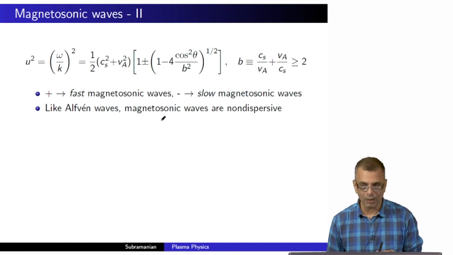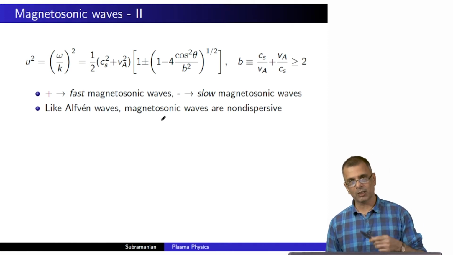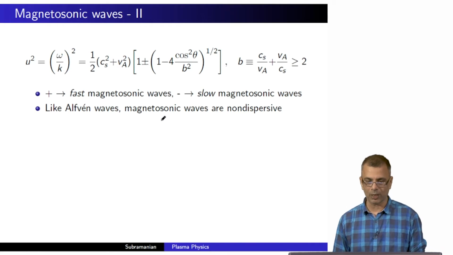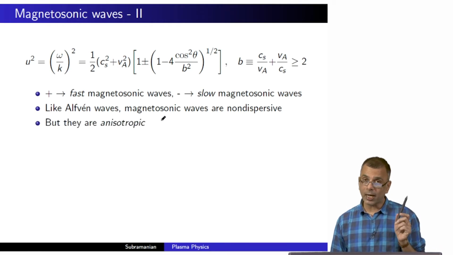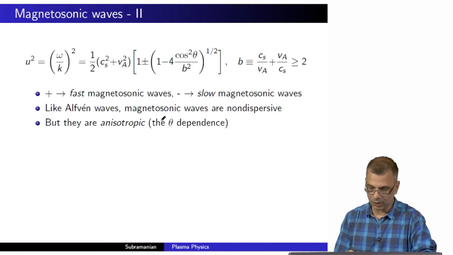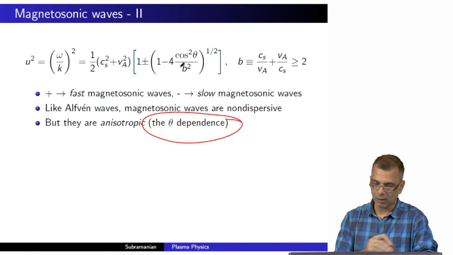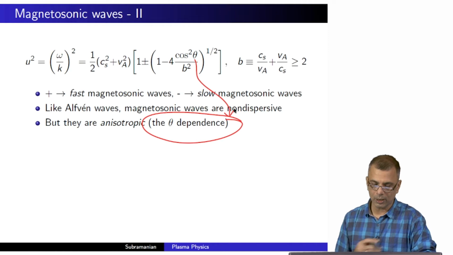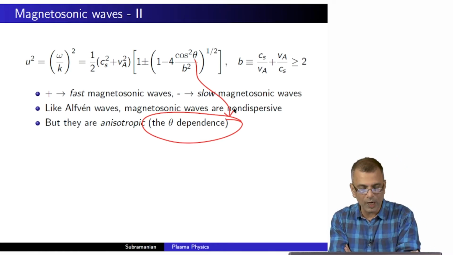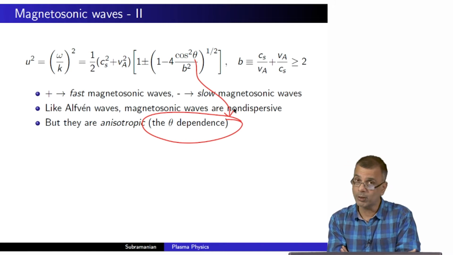So in that respect, the magnetosonic waves are similar to sound waves as well as Alfvén waves, but they are anisotropic, very importantly, because why? You see the theta dependence. So there's a theta dependence here, right? So clearly the phase velocity omega over k depends upon the theta. Okay, if there was no theta dependence, they would be like sound waves, and so the direction doesn't matter.